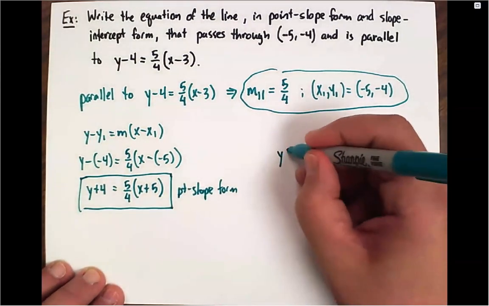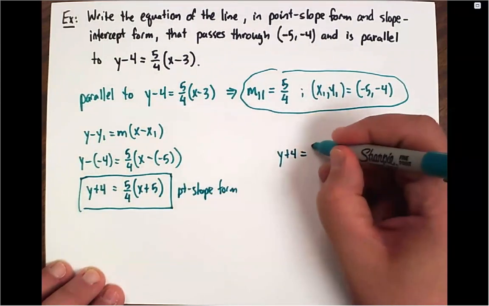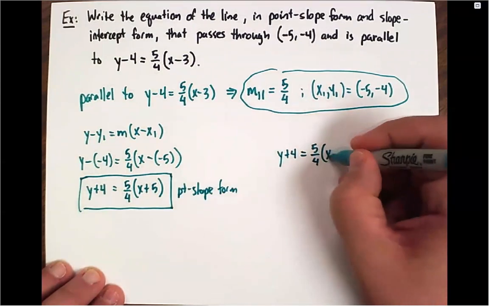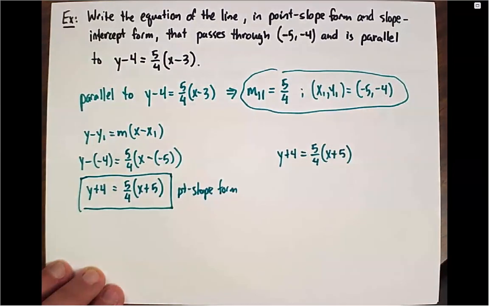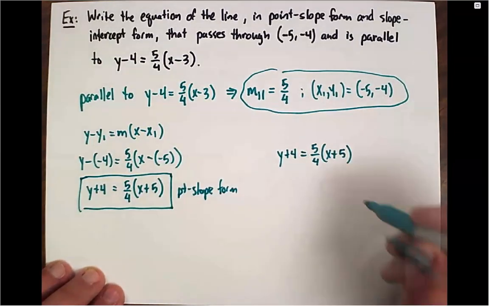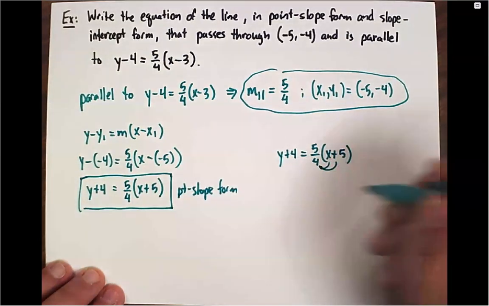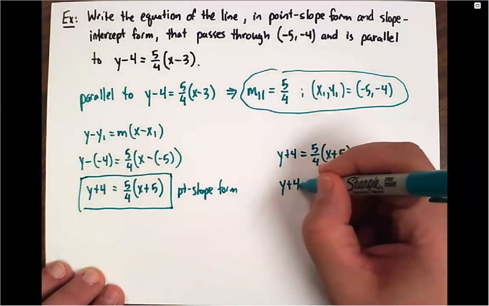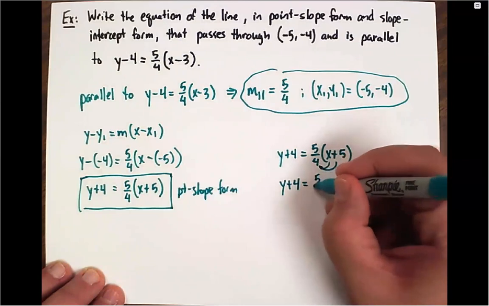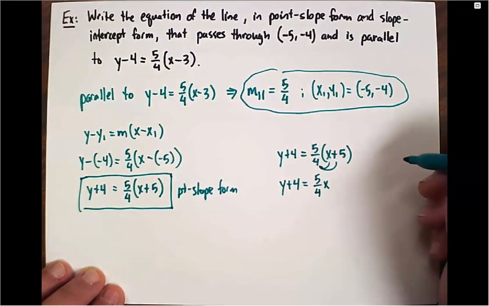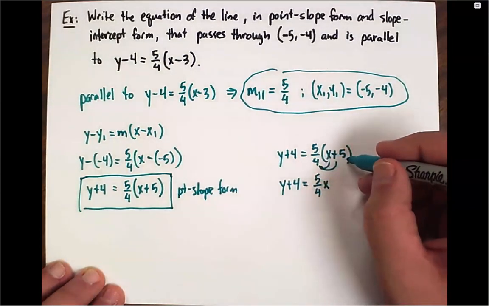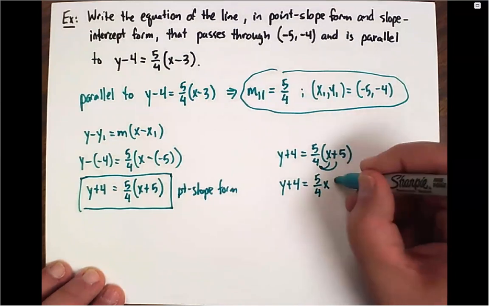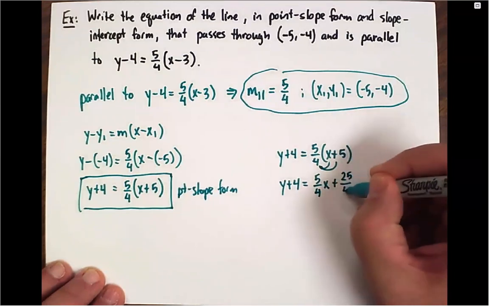And so, if I take the point slope form and solve it for y, I get slope intercept. So again, I'm going to distribute the 5 over 4. So 5 over 4 times x is 5 over 4x. And 5 over 4 times 5 over 1 is 25 over 4.